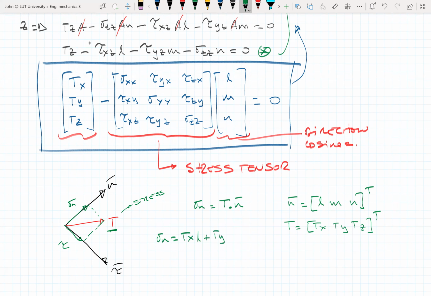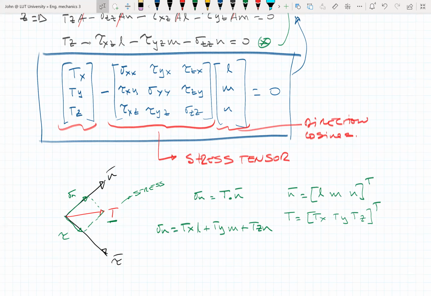It's very simple. Now, to know how much is the stress in the normal plane, or oriented to the normal plane, what I need to do is to multiply each one of these components of the stress vector T with the L, M, N, which are the direction cosines.